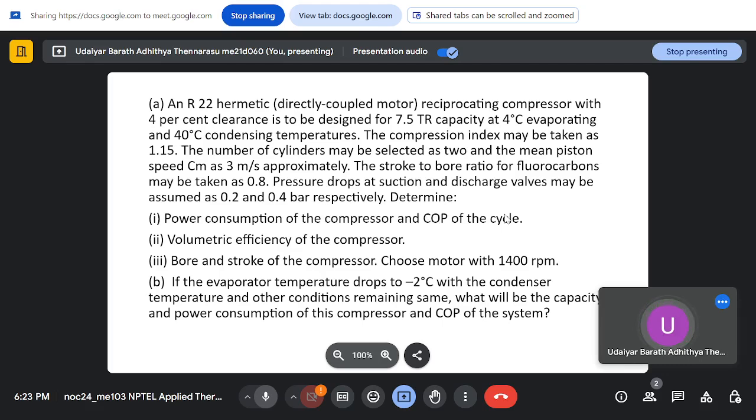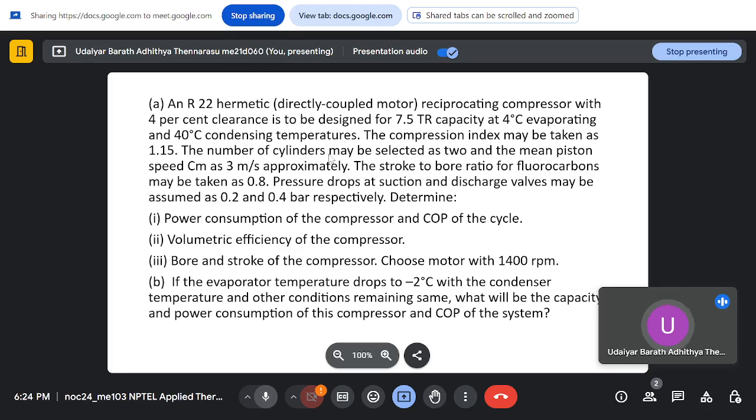So the next question is: an R22 hermetic directly coupled motor reciprocating compressor with 4% clearance is to be designed for a 7.5 ton capacity at 4 degrees Celsius evaporating and 40 degrees Celsius condensing temperatures. The compression index may be taken as 1.15.